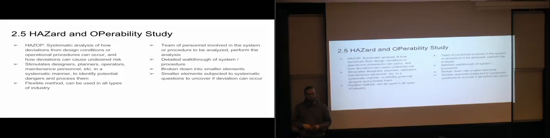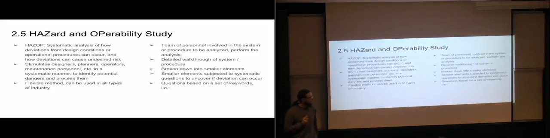So basically you are subdividing your system into smaller parts, and then you're looking at each of these parts and asking yourself questions. What if this happens? How will that affect this part? What if this other thing happens? How will that affect this part? What if both of these two things happen together? How will that affect the part? That is the main way this works.